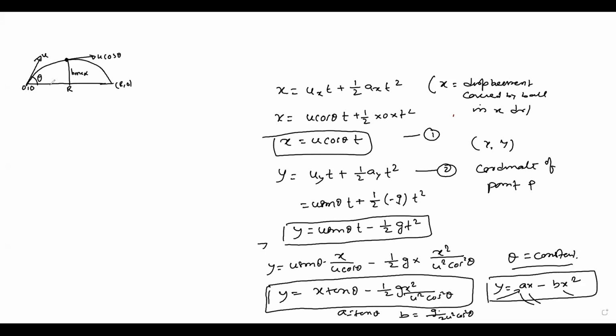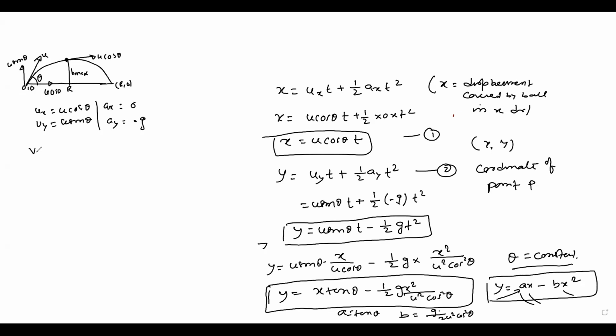Let us write the components of velocity one more time. Suppose this is u cos theta, this is u sin theta. So we may write ux equal to u cos theta, uy equal to u sin theta, ax equal to 0, and ay is minus g because it is motion under gravity only.